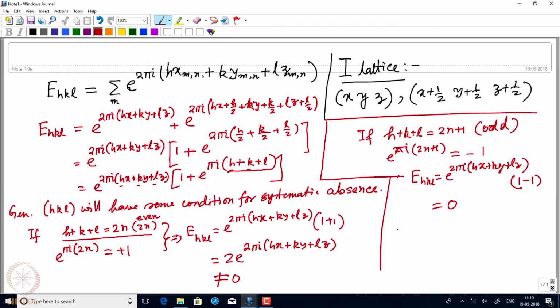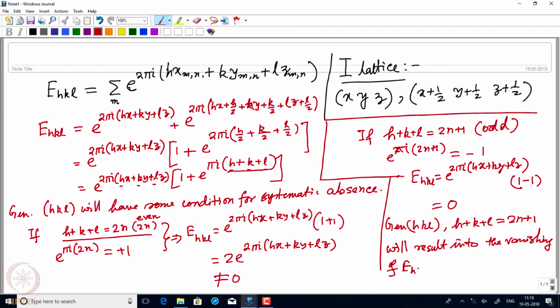That means for general HKL reflections, h plus k plus l as 2n plus 1 will result in the vanishing of EHKL, hence it corresponds to the systematic absence for I. So the condition for systematic absence for a body-centered lattice is, for general reflections HKL, h plus k plus l odd.